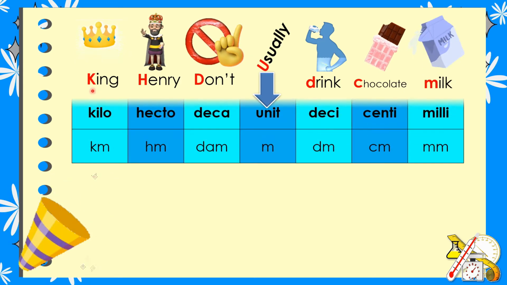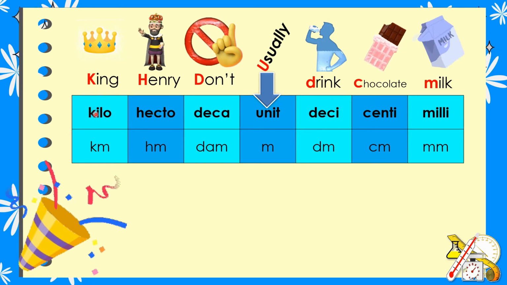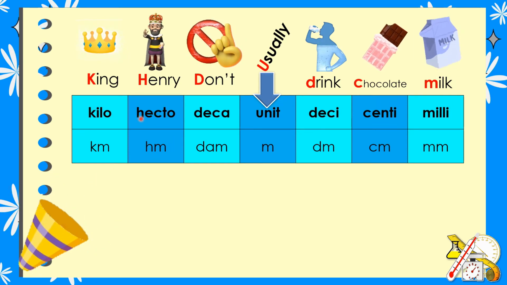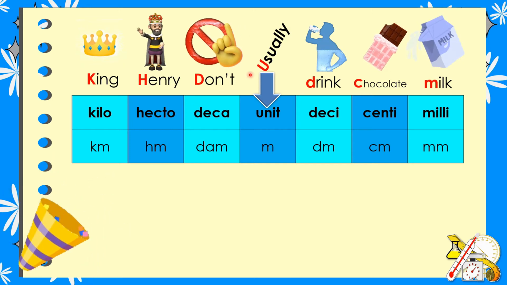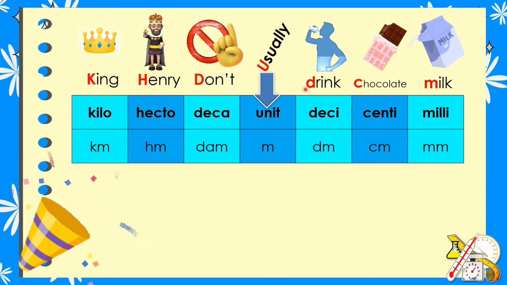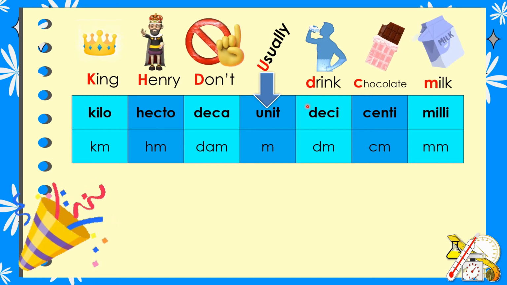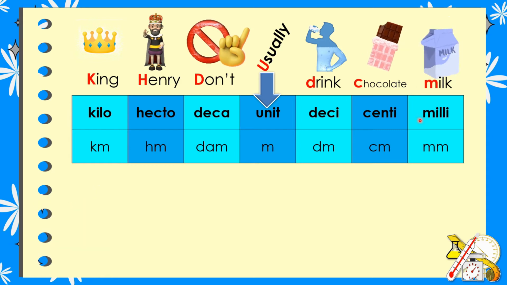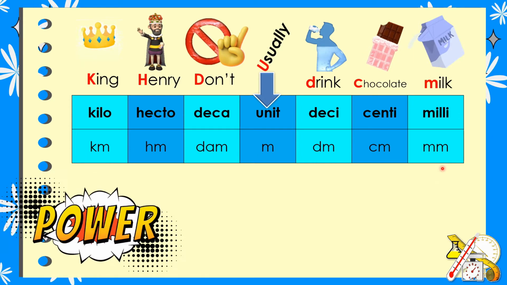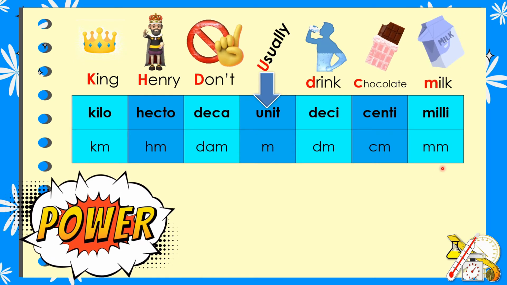And then K stands for kilo, H stands for hecto, D stands for deca, U stands for the unit, D stands for deci, C stands for centi, and M stands for milli. Ayan, nabuunan natin ng tama ang ating metric converter for length.